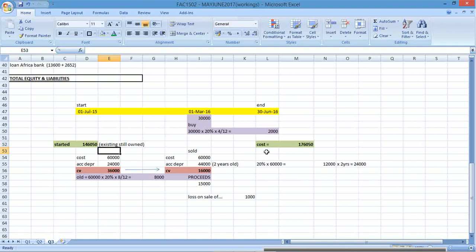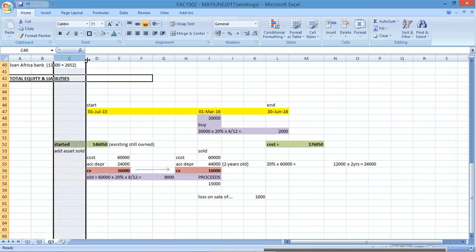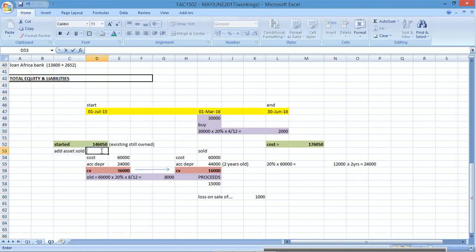Okay, because this was how much you had at the end after having sold a portion and after having bought a portion. So your starting would have been plus add the asset sold. And the sold asset was how much? Was 60,000.